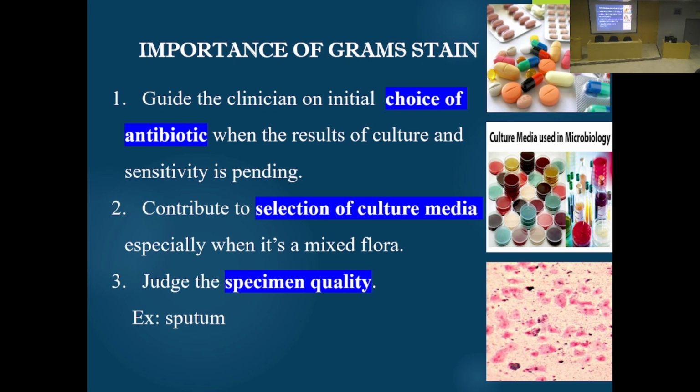It also helps in the judgment of specimen quality, which you will study in unit 2. When a patient comes with a respiratory infection, he coughs and has sputum, so we ask the patient to provide sputum in a small bottle. When we do a gram stain, if we see a lot of squamous epithelial cells, that means it is not sputum, it is something from the oral cavity.